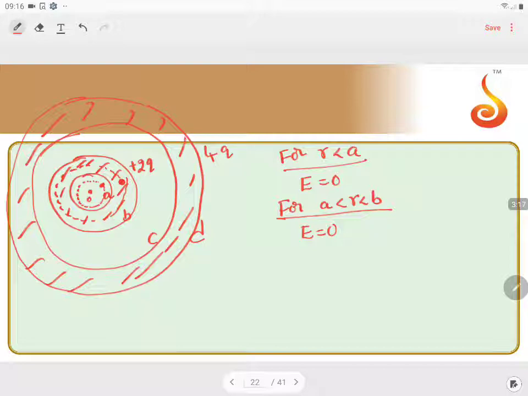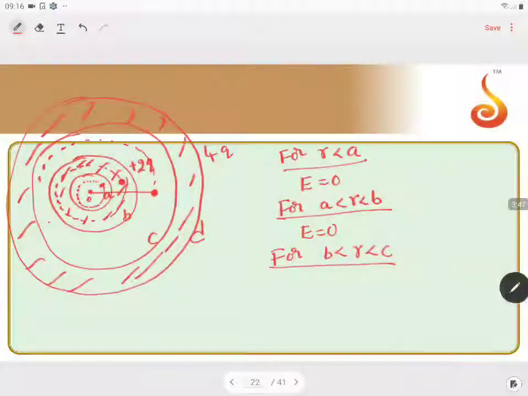Now what if I take a point over here? The distance of this point from the common center is greater than b, for b less than r less than c. If the point lies in between b and c, then if we construct one Gaussian surface passing through that point, this Gaussian surface will enclose the total charge on the inner shell.